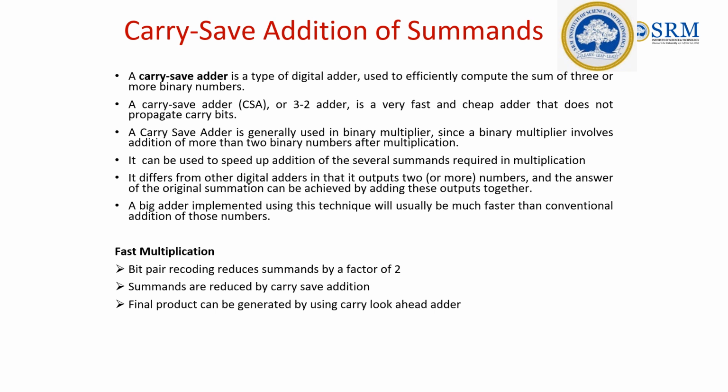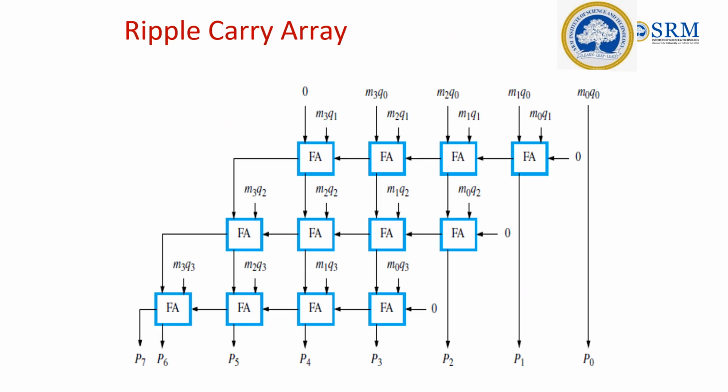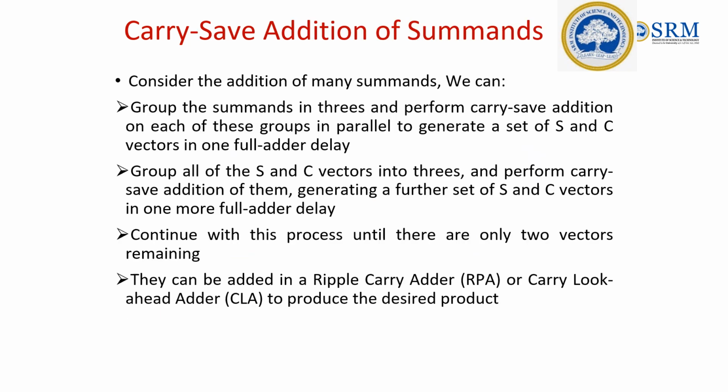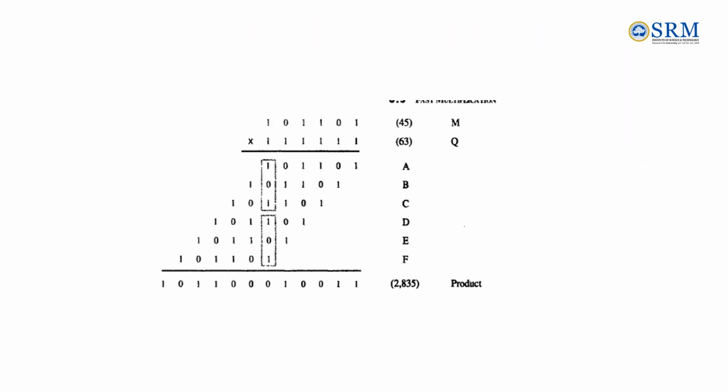In carry save addition of summands, I take three bits, add them and then give the answer. If you look at this problem, A and B are the multiplication of these two, C and D are the multiplication with these two numbers, E and F are the multiplication with these two numbers.